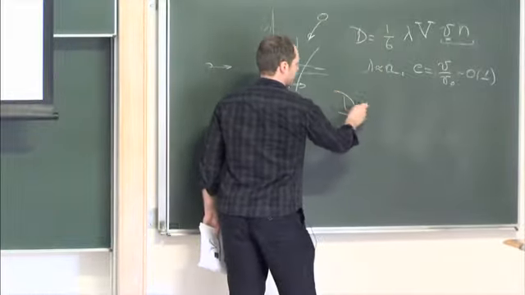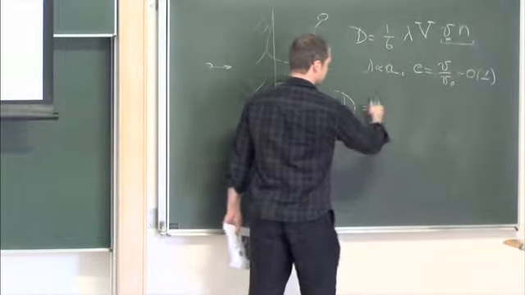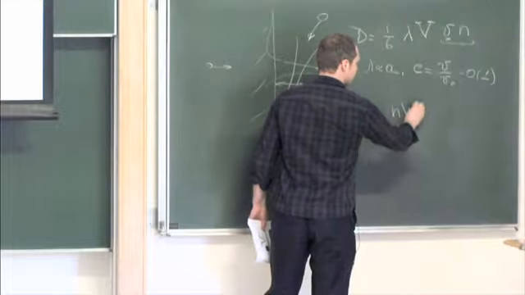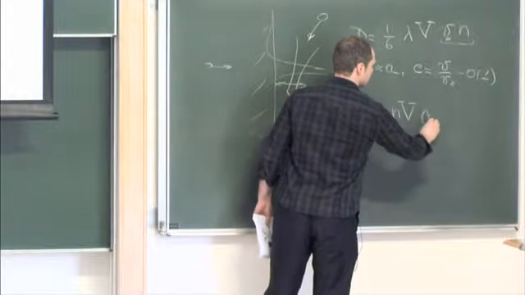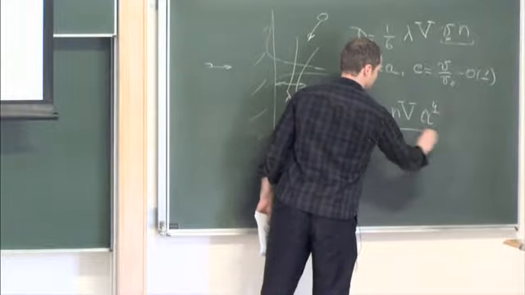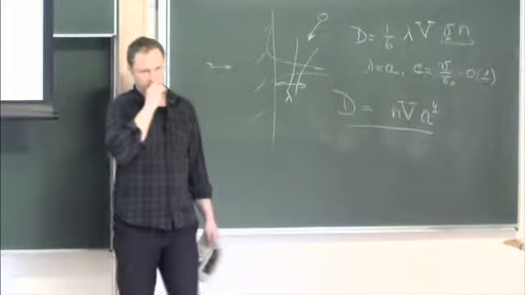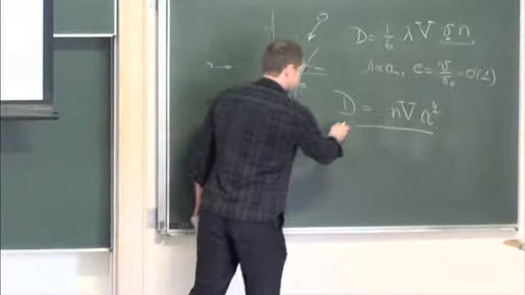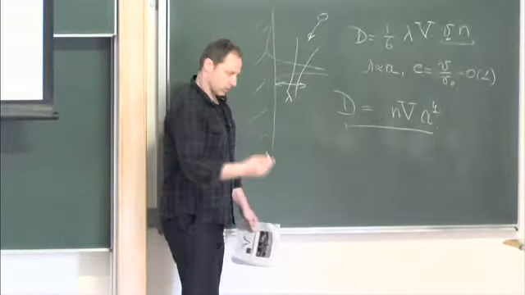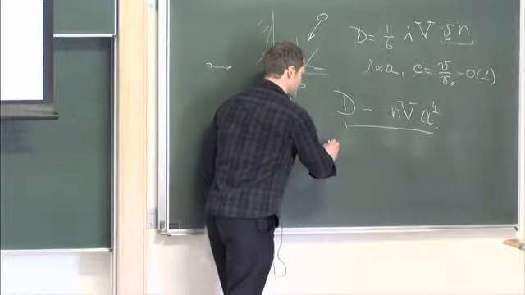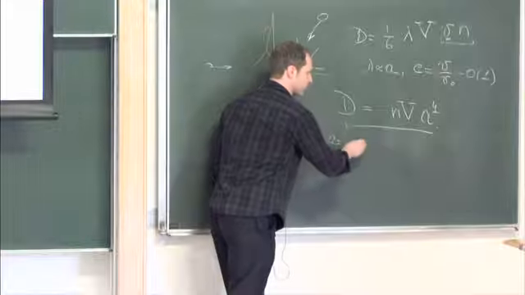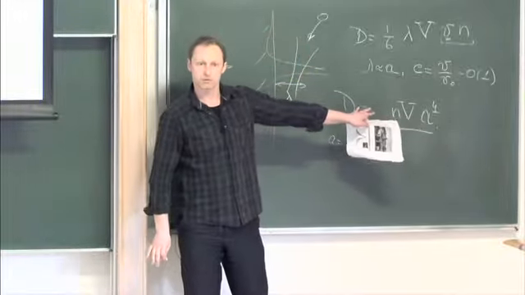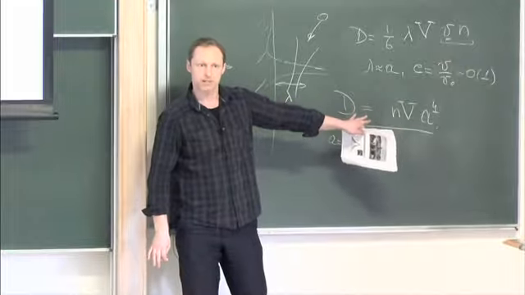And the estimate for the effective diffusivity is then some number of order 1, times n times V times a to the power 4. So if you take, for example, Chlamydomonas, you can take a equal to 5 micrometers, and V on average around 100 microns per second.